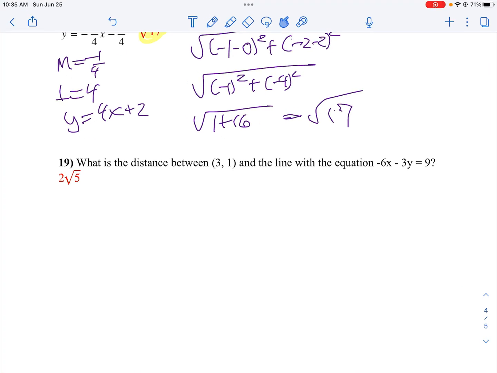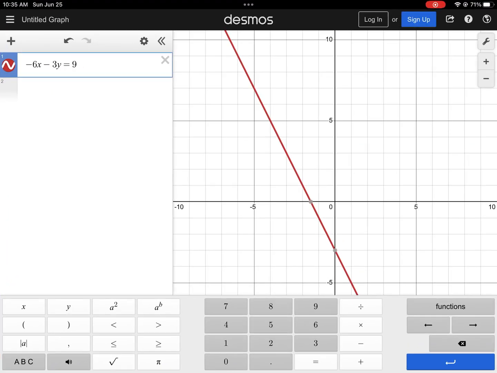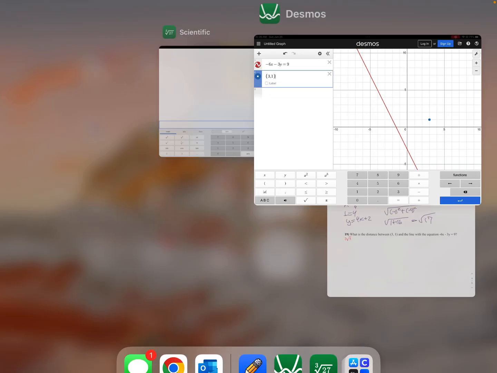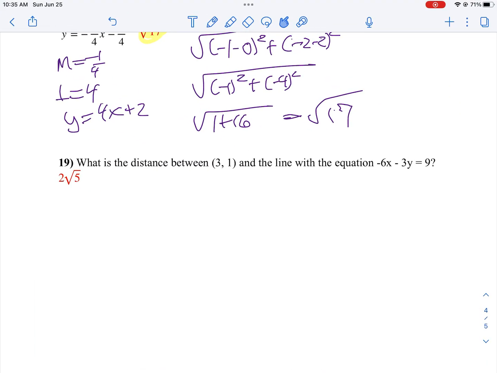And then let's graph 3, 1. So I'm going to go over 3 and up 1. Now I want to find the distance between that point and my line. Well, I need to find the slope of my line then, don't I? So, although you could graph this in any form, in order to find the slope, you have to get y by itself.